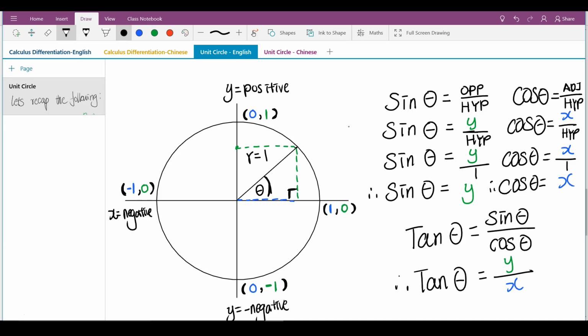Normally that's what teachers call them: the first quadrant, second quadrant, third quadrant, and fourth quadrant. By identifying which quadrant the angle we're trying to find is in, we can find some information about our answers. But I'll leave that to the next video.